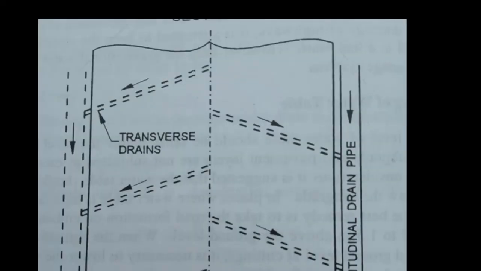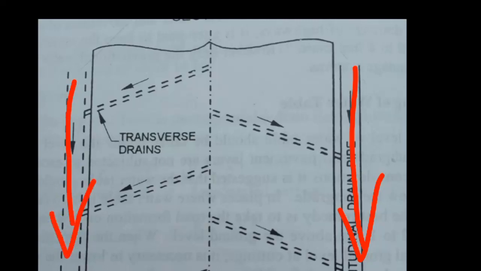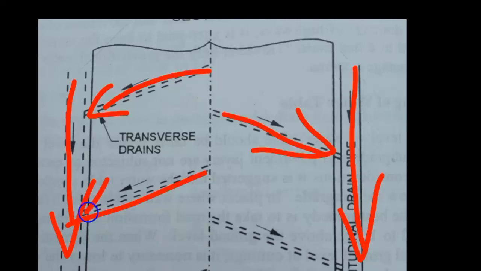This is the plan what we are seeing, and here, as mentioned, longitudinal drain pipes. These are the longitudinal two drain pipes, and transverse drains. These are the transverse drains at frequent intervals, right?